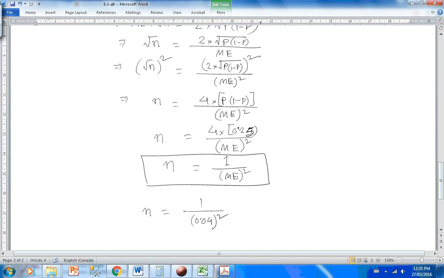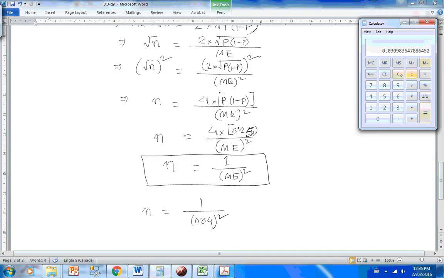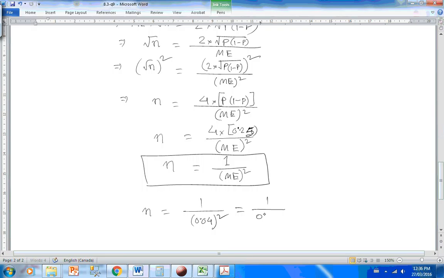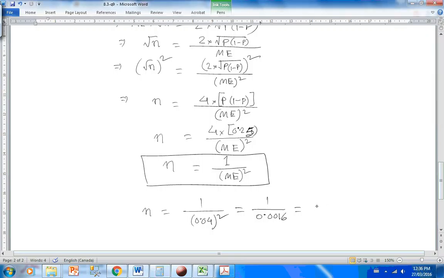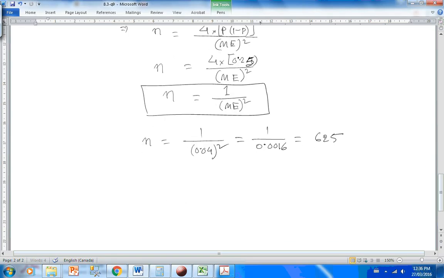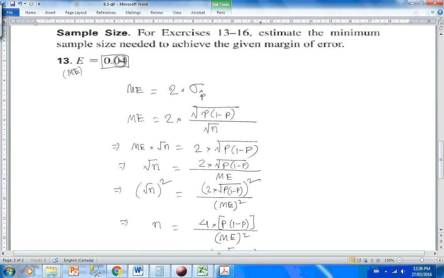0.04 whole squared. Let's use the calculator. 0.04 times another 0.04 gives me the square, which is 0.0016. Then 1 divided by 0.0016 gives me 625, and that would be the number of observations to guarantee a margin of error of approximately 0.04.